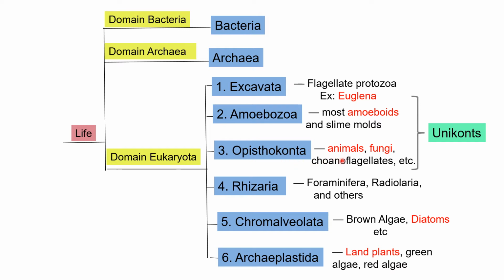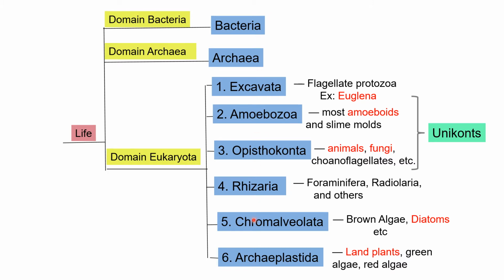So here we have a relationship between animals, fungi, and choanoflagellates, which are protists. Over here we have brown algae and diatoms. In Archaeplastida we have land plants, green algae, and red algae. And green and red algae also used to be in the kingdom Protista. So it's a very interesting classification.